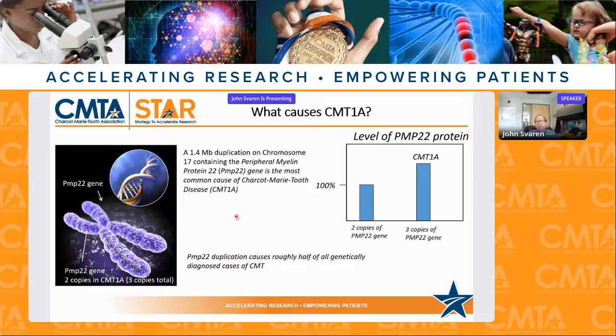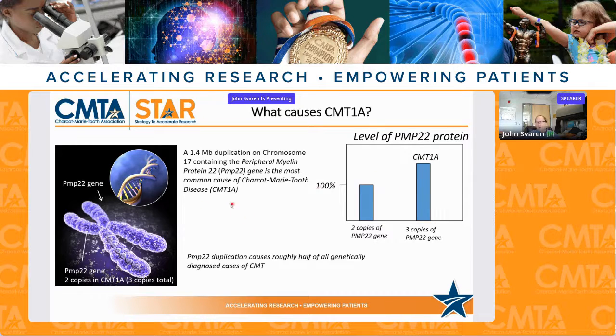So in essence, the problem is that we have 3 copies of the gene rather than 2 copies of the gene. And every gene in your body produces a protein. So the amount of protein is simply too high in CMT1A. Instead of being right at 100%, it's 150%, so to speak.